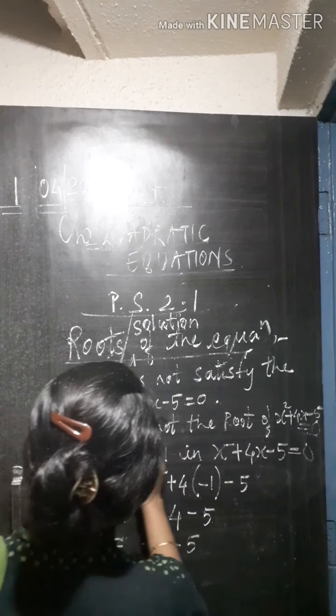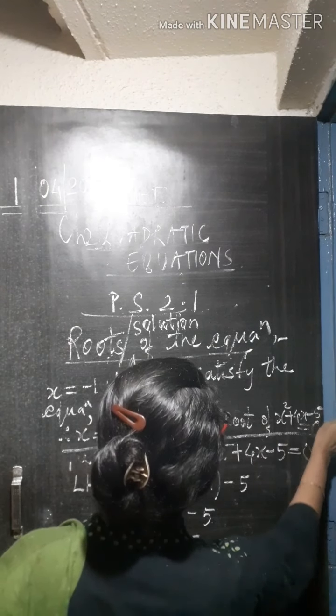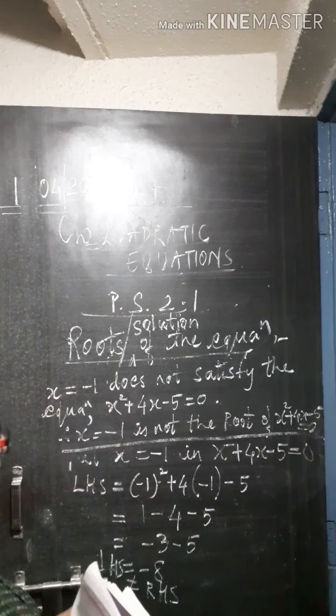Is that clear? So x equal to minus 1 is not the root of the equation. We have got this. Is that clear?